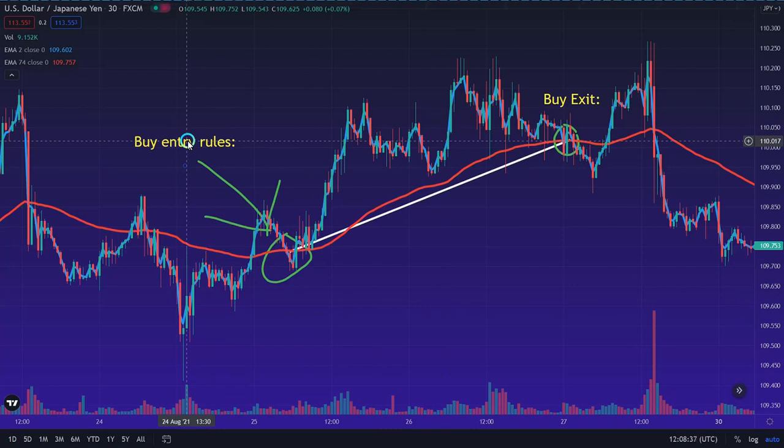So basically I coded this strategy into an EA, and then I tested it in MT4 and MT5 with 99.9% tick data.